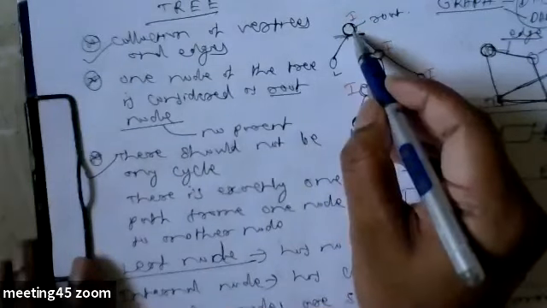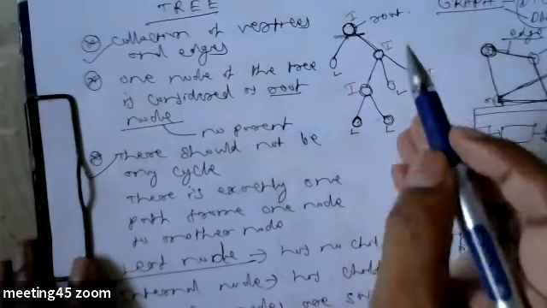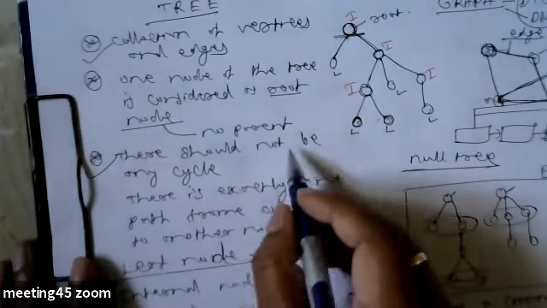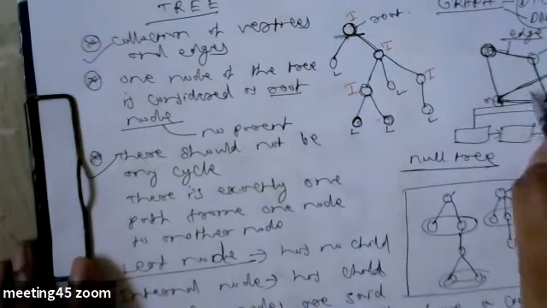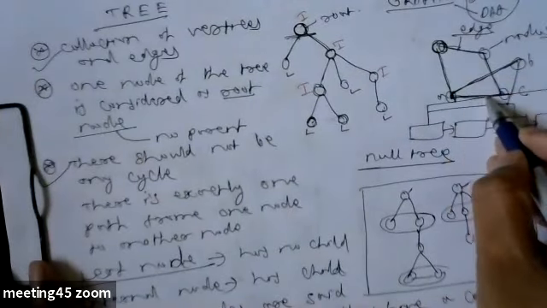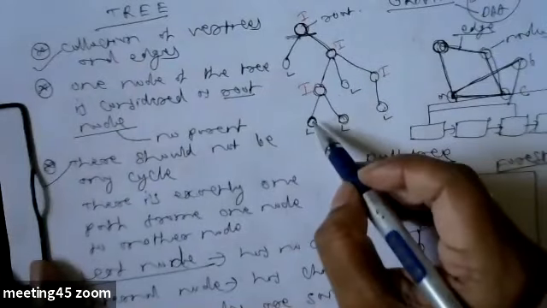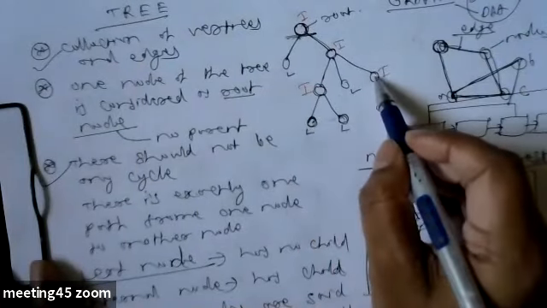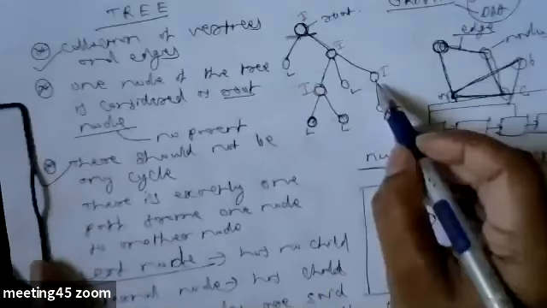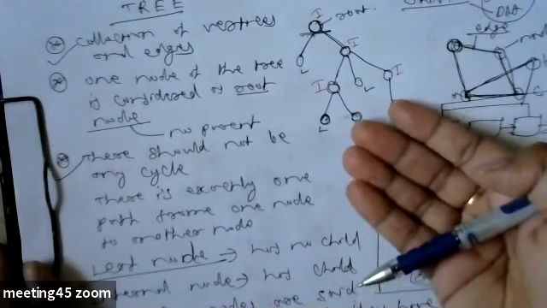Otherwise, the tree must have a single root node, and there should not be any cycle. Here there is a cycle, but here there is no cycle. If you start from one point to any other point, you can find exactly one path. Based on these three things, we have defined what a tree is.